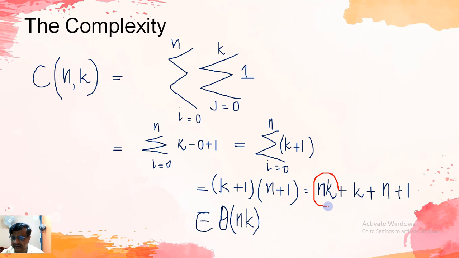Therefore the dynamic programming based determination of binomial coefficients belongs to the complexity of big theta of nk, that is called quasi quadratic complexity. With this we will end this simple session on dynamic programming.